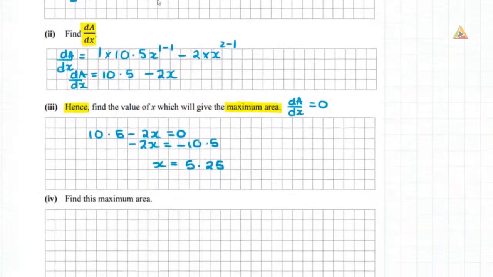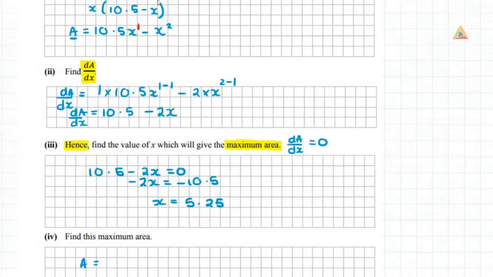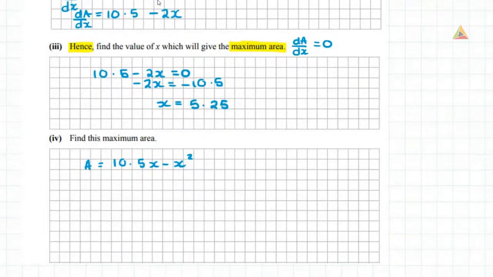And the last part says find the maximum area. Well, the area we had up here in part 1 was 10.5x minus x squared. So I'm going to sub in my value for x and I'm going to say that area is equal to 10.5 times 5.25 minus 5.25 squared.